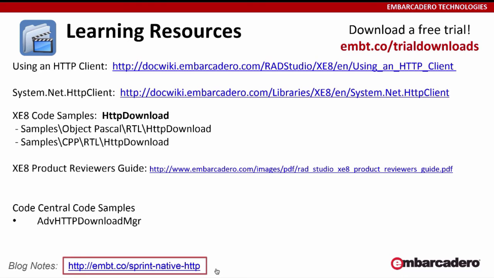Another question, when will the new HTTP client be used in a DataSnap REST client? I think it currently still requires OpenSSL. That's correct. So these new native HTTP client libraries, they work for most of the technologies in XE8 except for DataSnap right now.